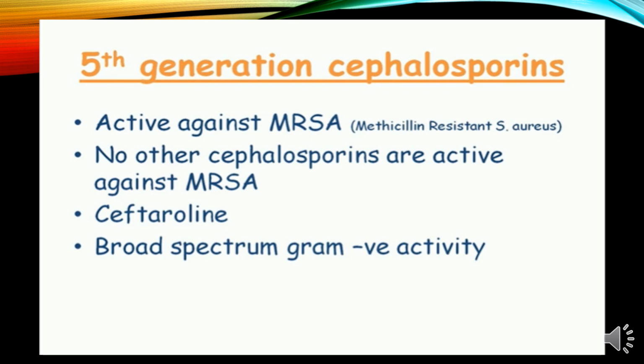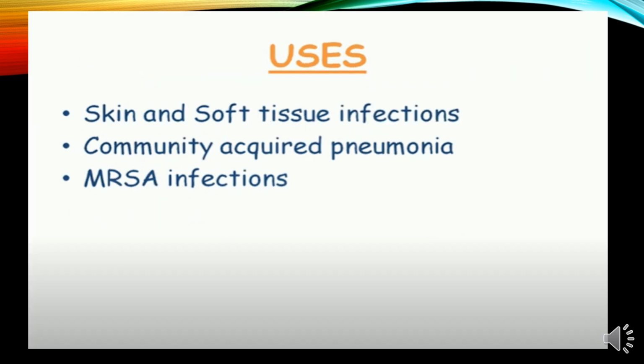Fifth generation cephalosporins are active against MRSA, which is methicillin-resistant Staph aureus, and no other cephalosporins are active against MRSA. They have broad spectrum gram-negative activity. They are used in skin and soft tissue infections, community-acquired pneumonia, and MRSA infections.